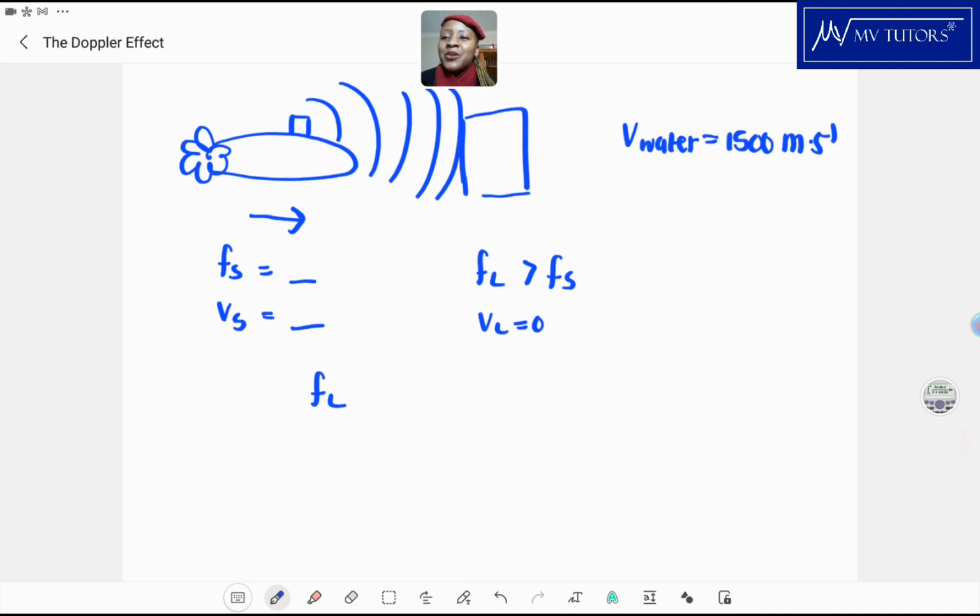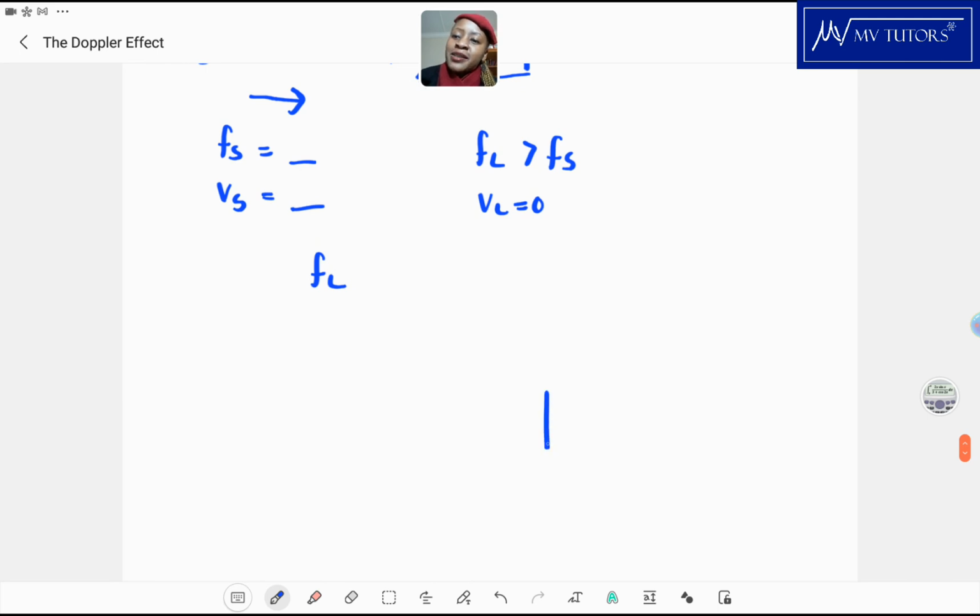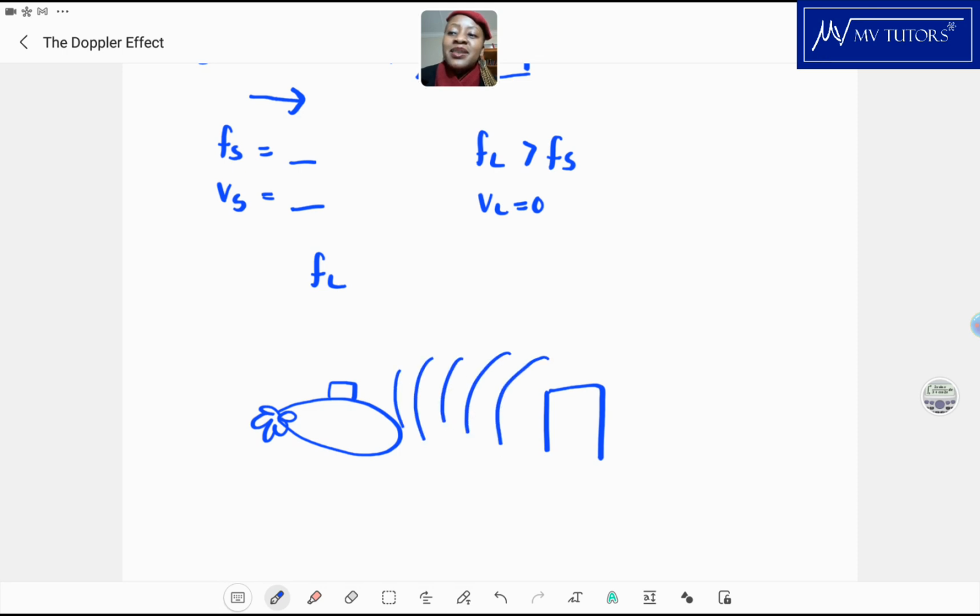But now, as the submarine is moving closer towards this object, once the sound waves from the submarine reach the stationary object, the object will also reflect those sound waves back.